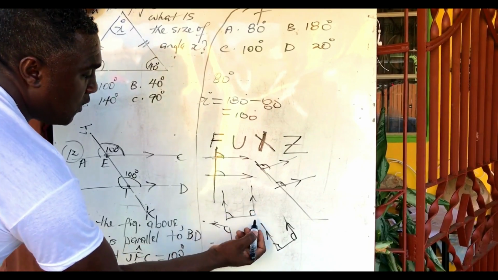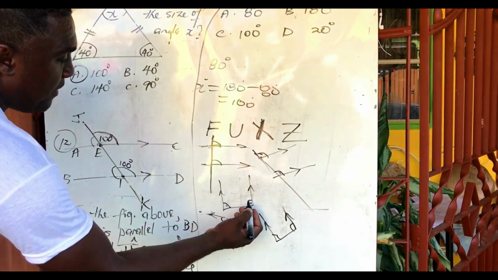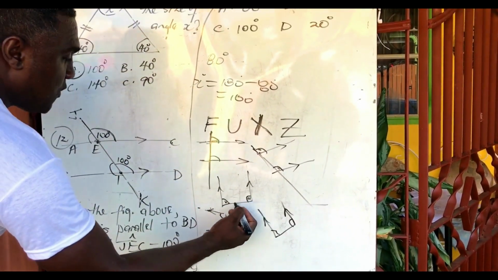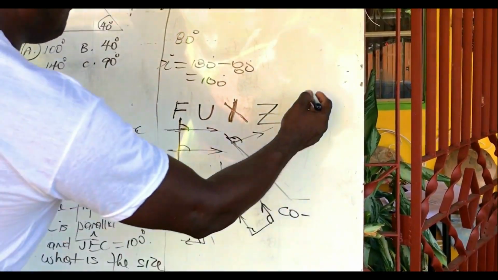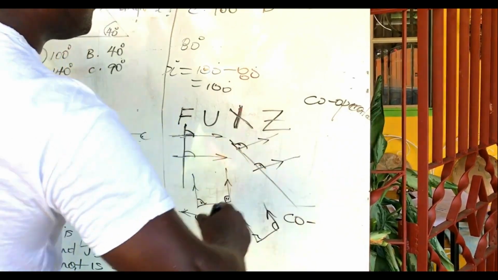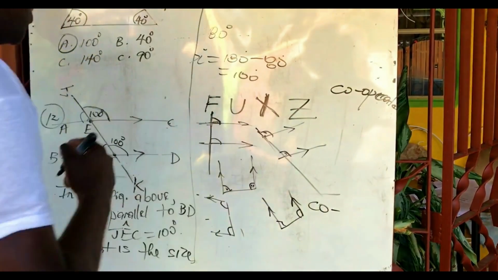And so we know that these are two interior angles, but they are opposite to each other, and because they are together we refer to them as co-interior angles, because in the word cooperate, operate means work, co means together, so work together.